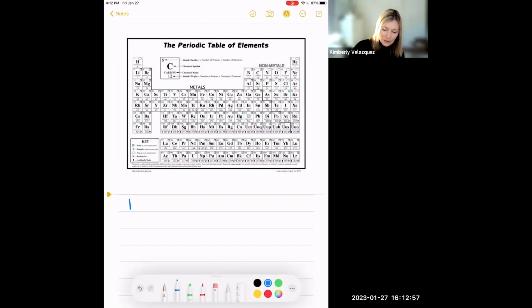So matter is a really important one. It's anything in the universe that has mass and occupies space. That's pretty much everything, right? But it's not energy. Energy doesn't have mass. So there are things in the universe that are not matter.